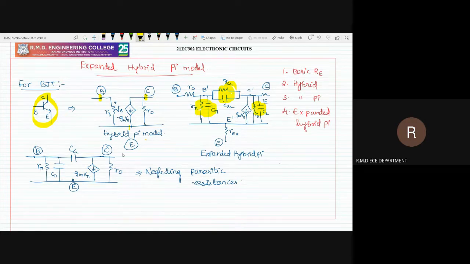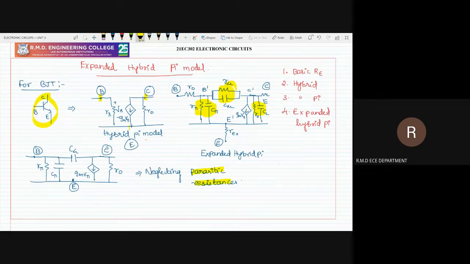And we neglect the parasitic resistances, because these values are very small: r mu and rc, and r naught, are very small values and can be neglected. We call those parasitic resistances. After neglecting them, the expanded hybrid pi model diagram becomes like this.